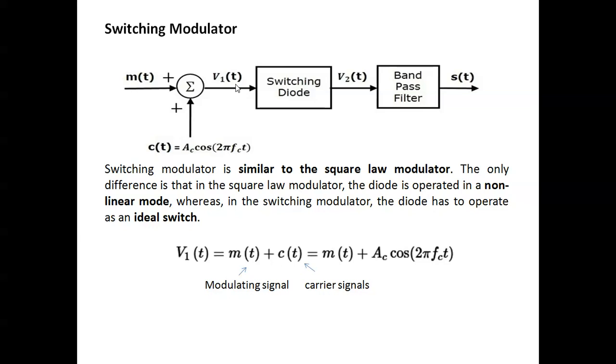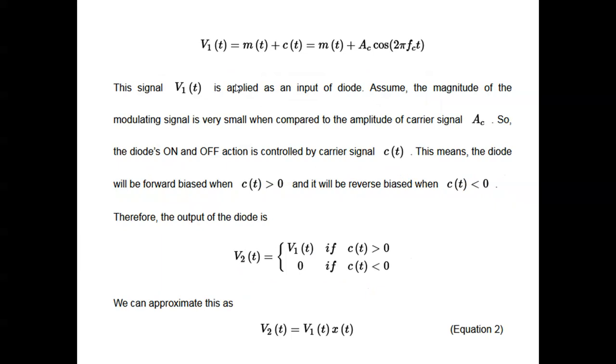So we know that the modulating signal is considered as M of t and the carrier signal is considered as C of t, where C of t is AC cos 2 pi FCT. Okay, then V1 of t, again we have to simplify the equation. V1 of t is equal to M of t plus C of t, equal to M of t plus AC cos 2 pi FCT.